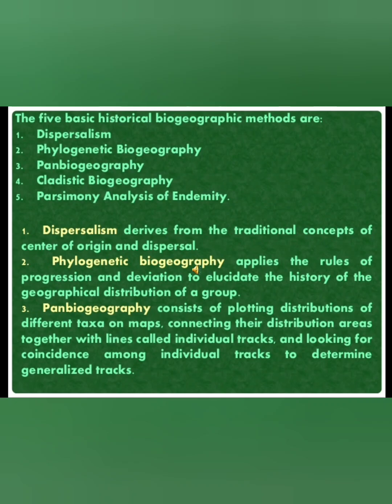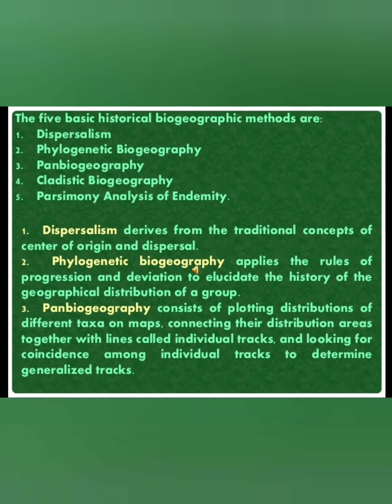Number 2, phylogenetic biogeography applies the rule of progressions and divisions to elucidate the history of the geographic distributions of a group.